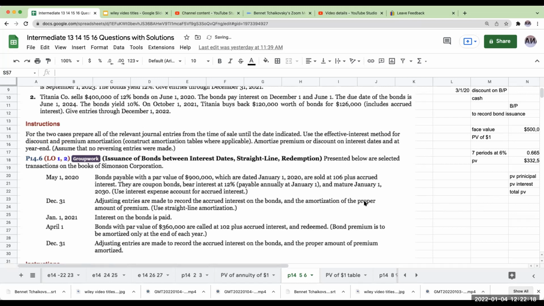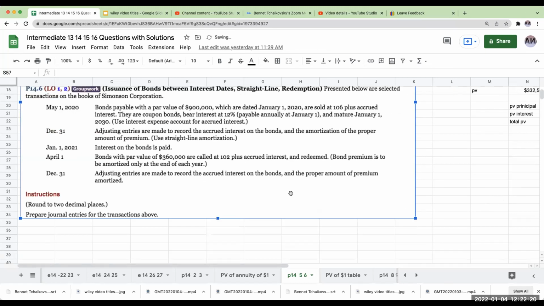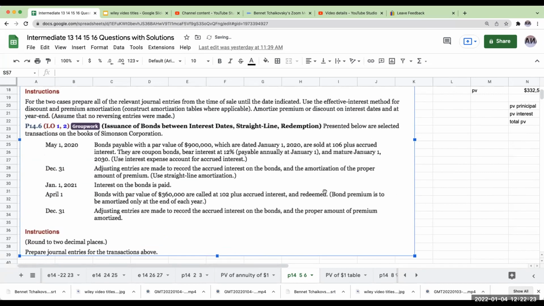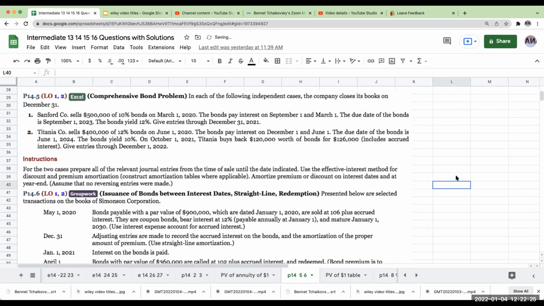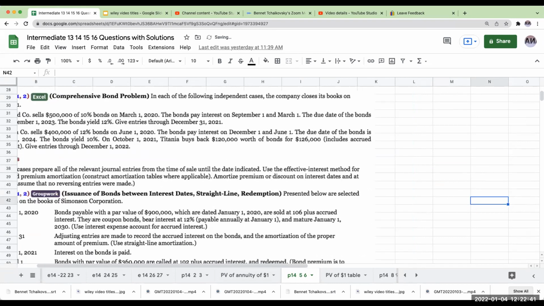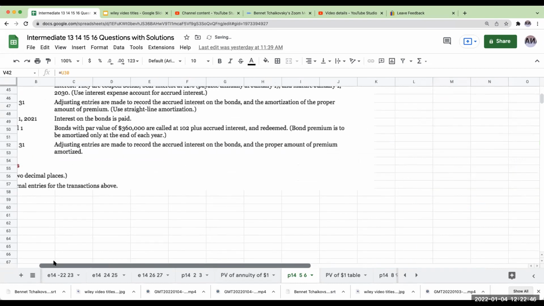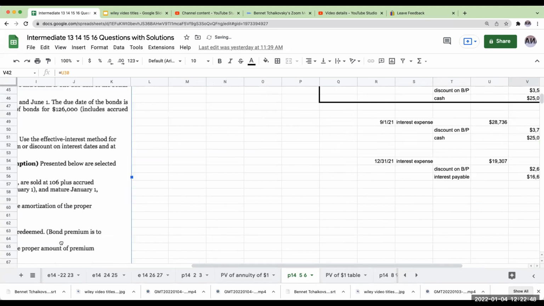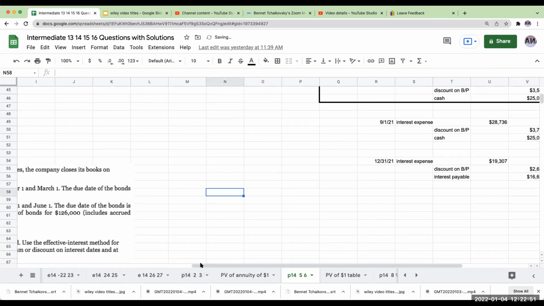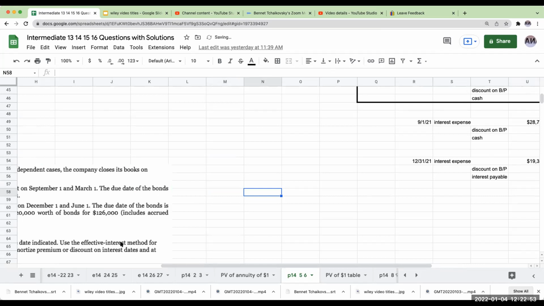Okay, so let's figure out the payments we're going to be making for this bond. We sell on 6/1/20. The bonds yield 10%. So the stated rate is higher than the market rate.